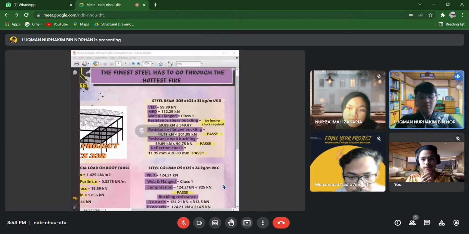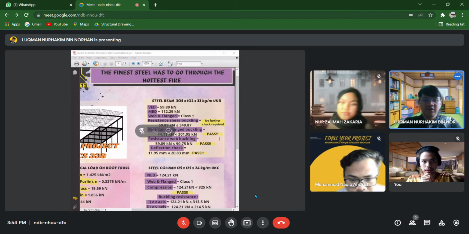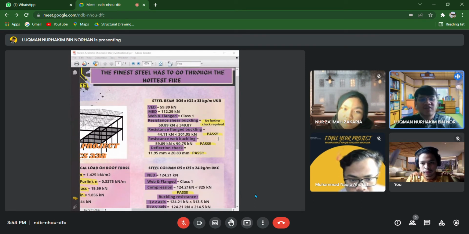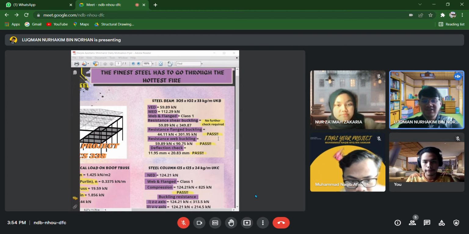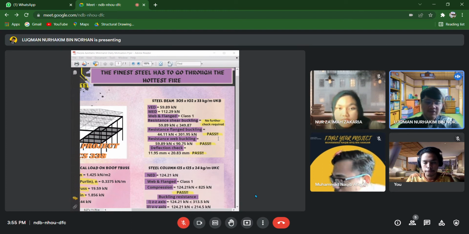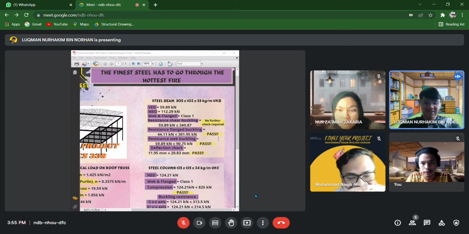In the steel beam design, we are going to use an I beam of size 305 times 102. The shear force we get is 59.89 kN, and the design moment MEd is 112.29 kNm. For our I beam, the flange thickness is 10.8 millimeter and the web thickness is 6.6 millimeter.